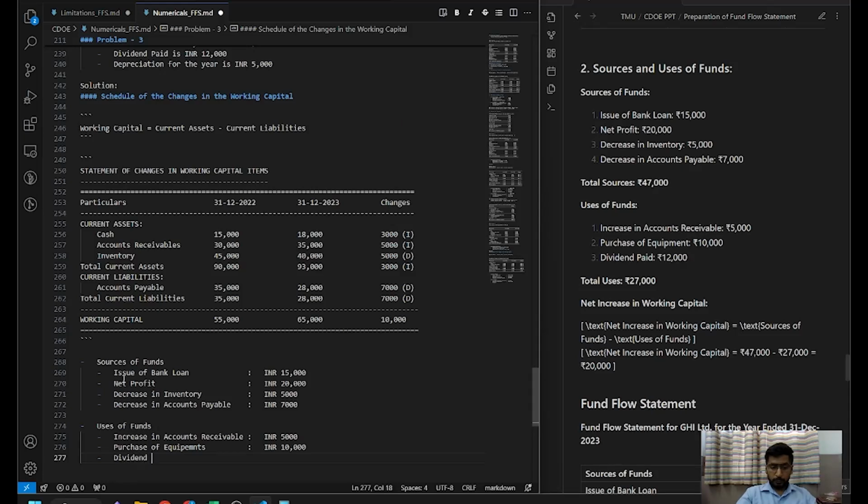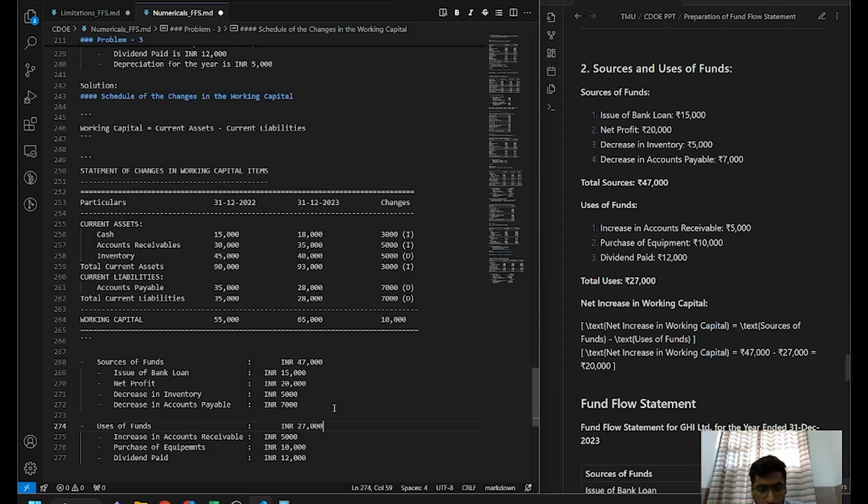Dividend paid, that is rupees 12,000. Making the total sources of the funds as 47,000 and the total uses of the funds as 27,000.